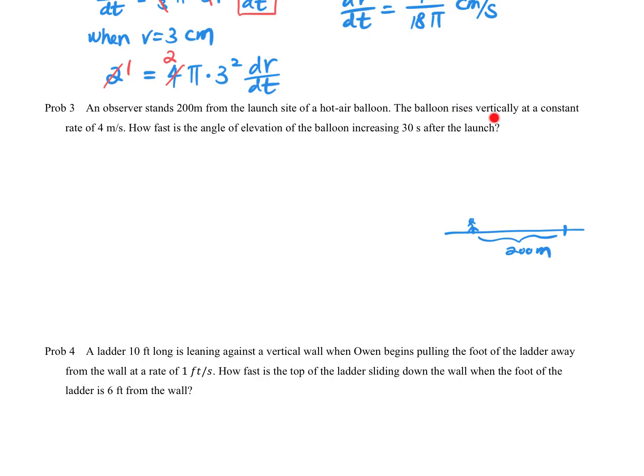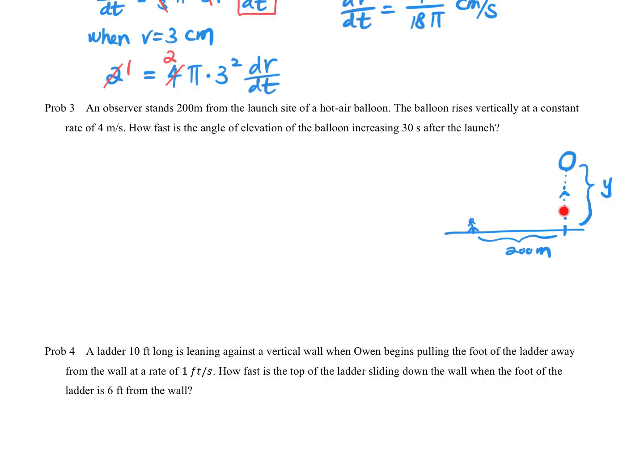The balloon rises vertically at the constant rate of 4 meters per second. So this balloon is rising vertically at this rate, 4 meters per second. I'm going to call this height y. And how fast is the angle of elevation of the balloon increasing 30 seconds after the launch?